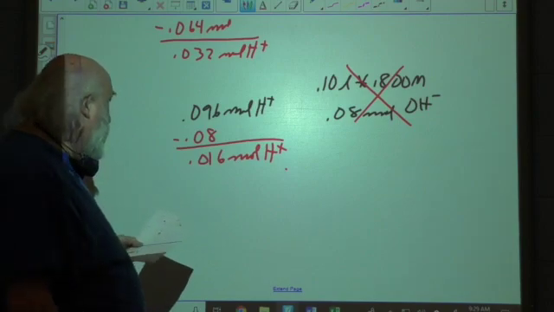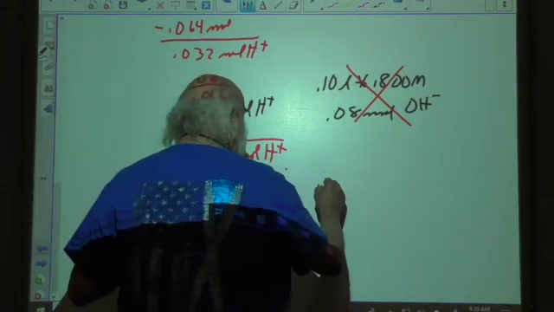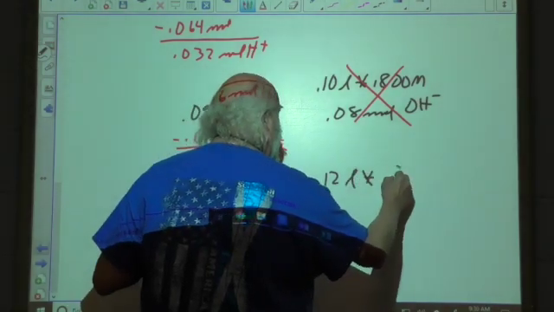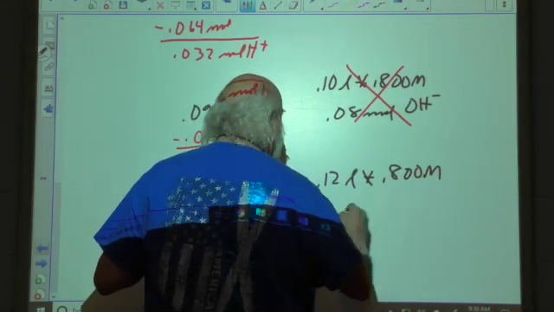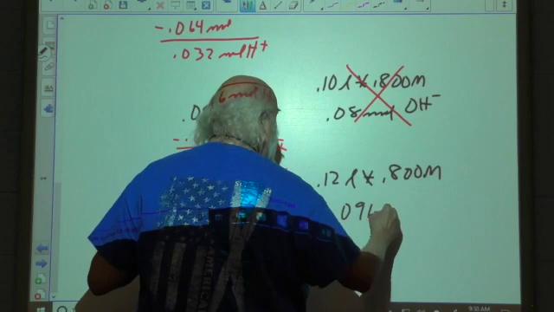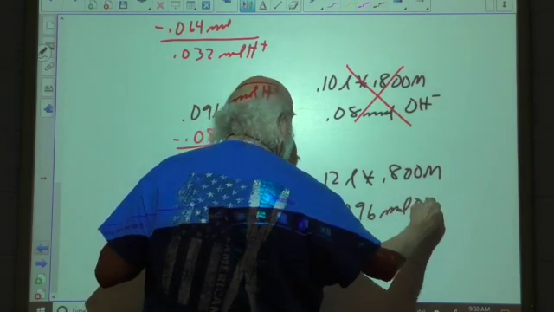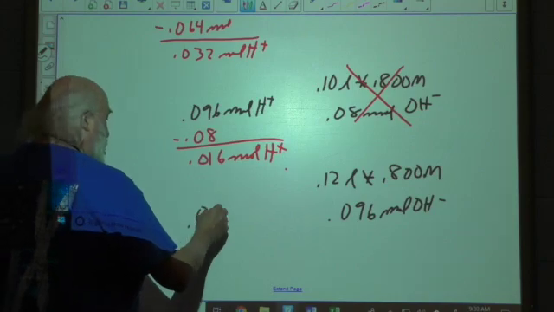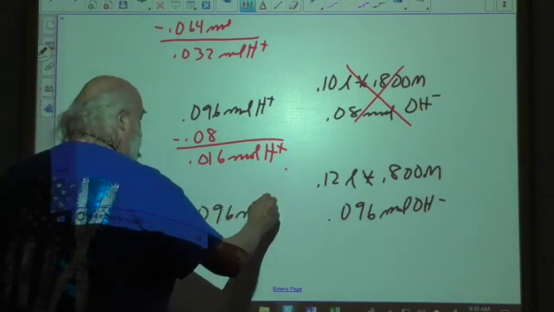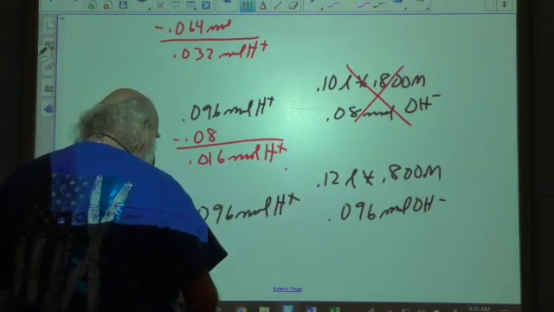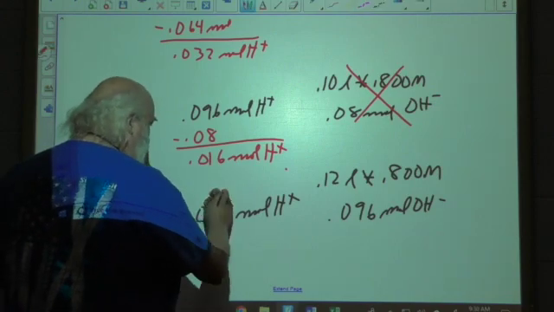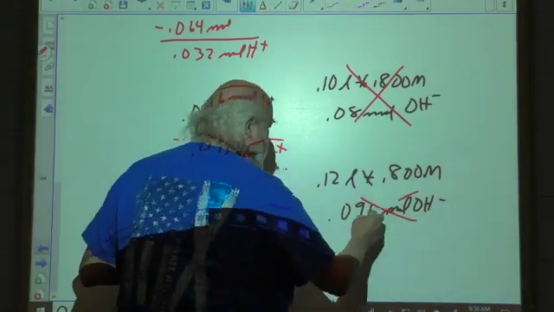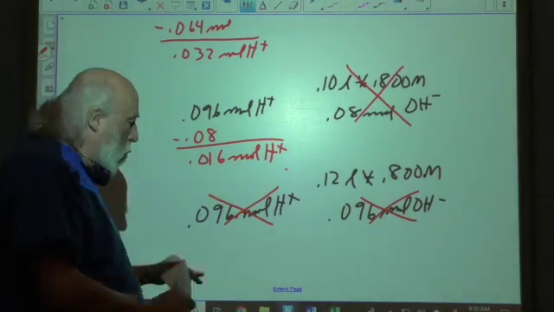We have 120 milliliters, which is 0.12 liters, times 0.8. And that gives us 0.096 moles of hydroxide. This is 0.096 moles of hydrogen. And it looks like they cancel each other completely out, which technically they do, but there's one issue here.